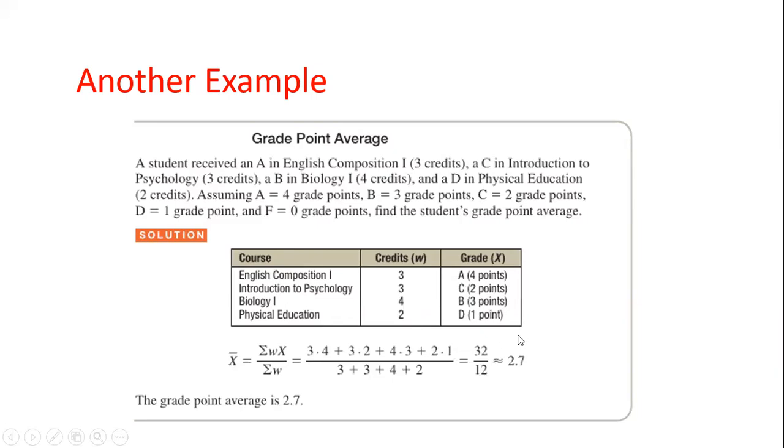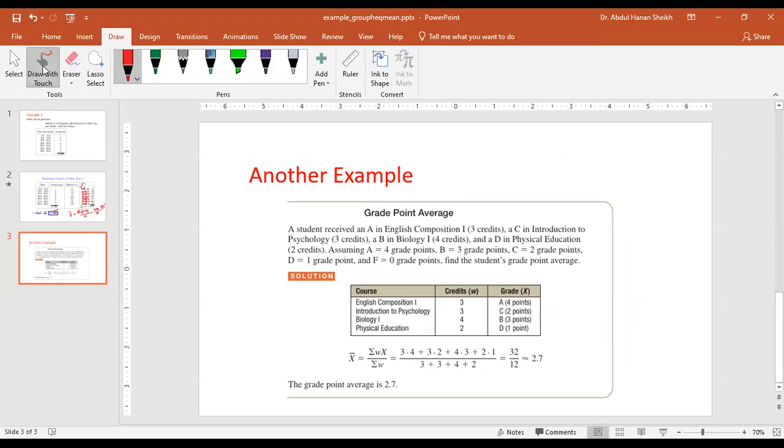So this is basically done the same way. You add 2 columns, mj and then fj times mj. There is no mj here, so this is the only fixed class. The midpoint is itself 3, 3, 4 and 2.